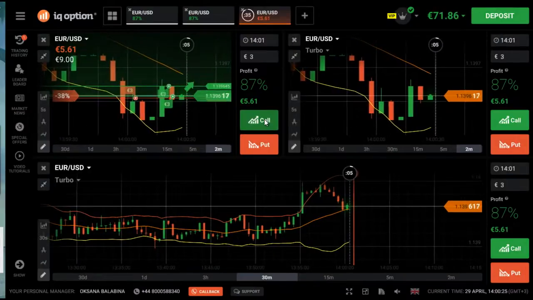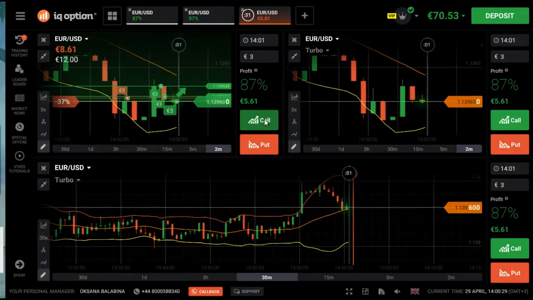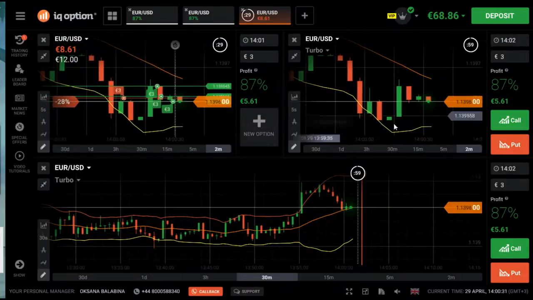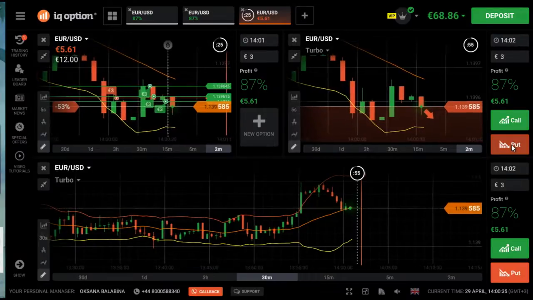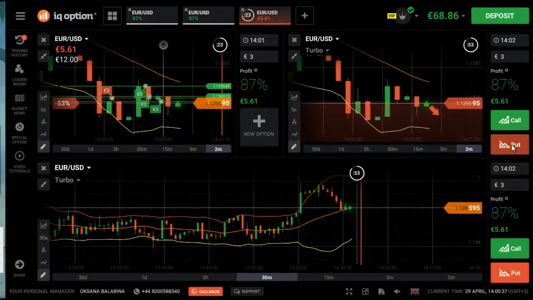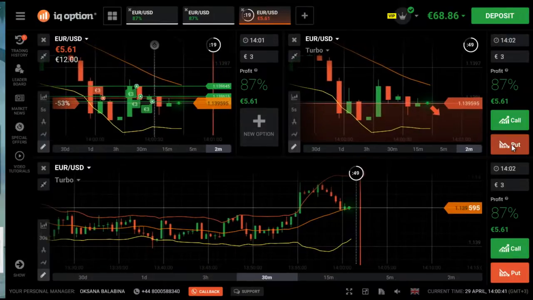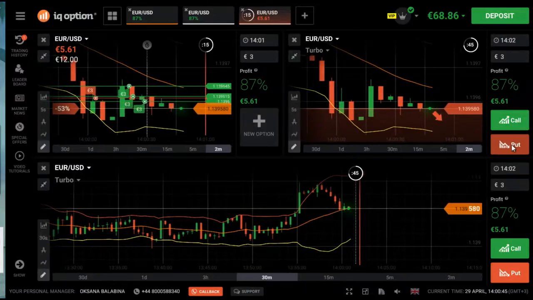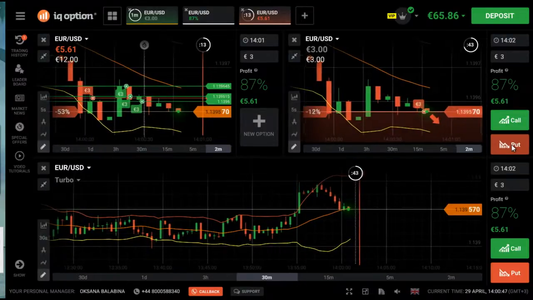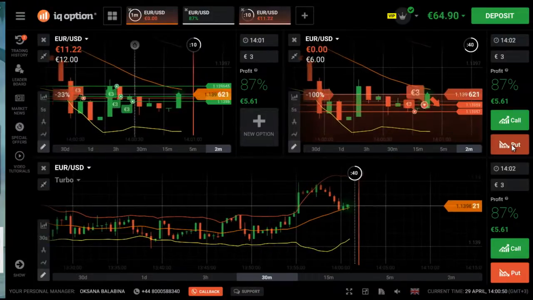So this follow-up on the primary window, I'm still going for the call, but this candle's downward motion is pretty persistent. Now I'm following it up on the secondary window.